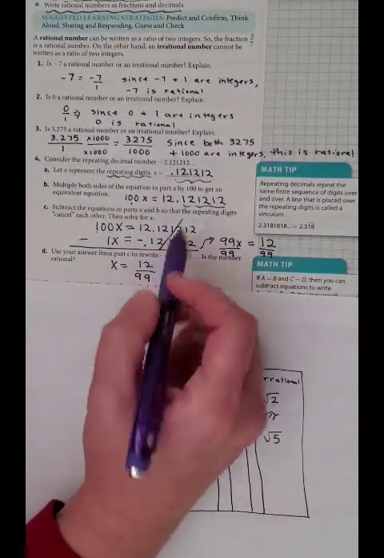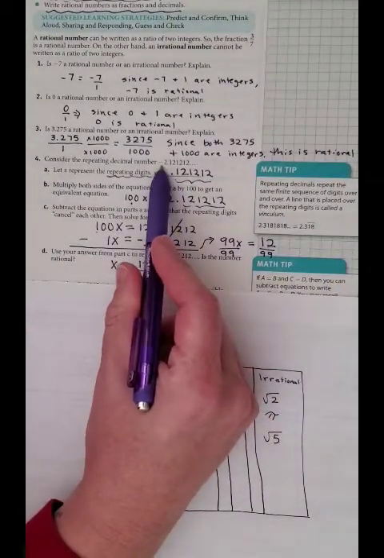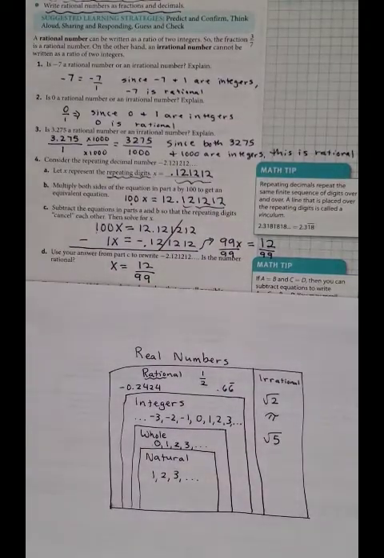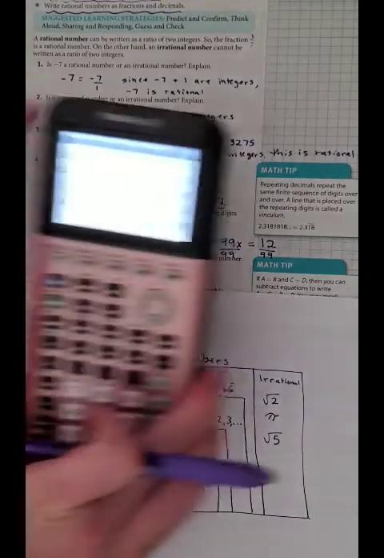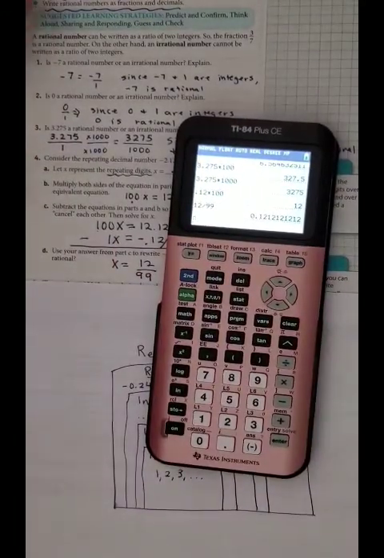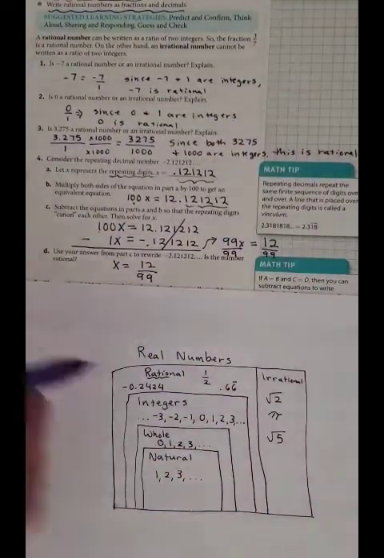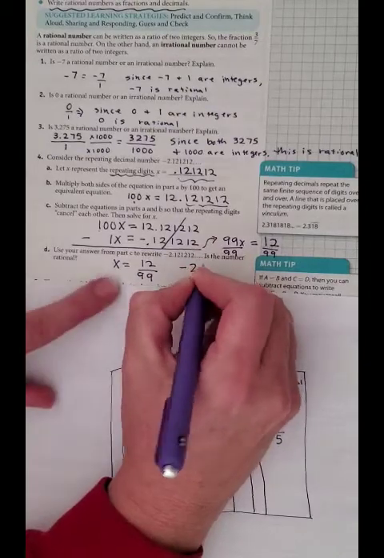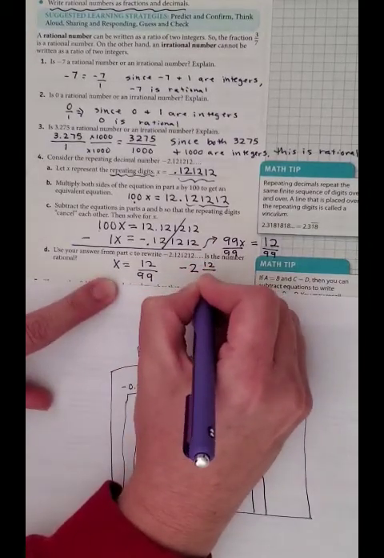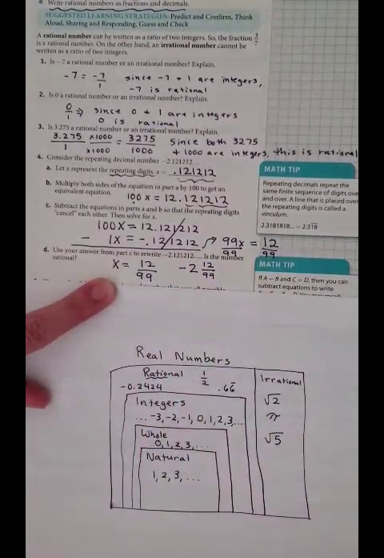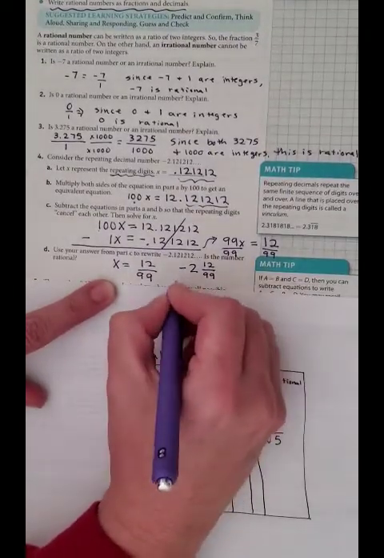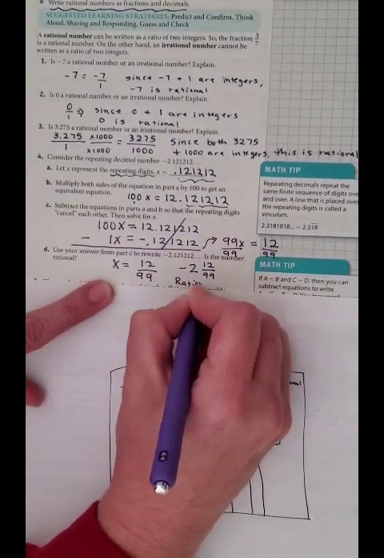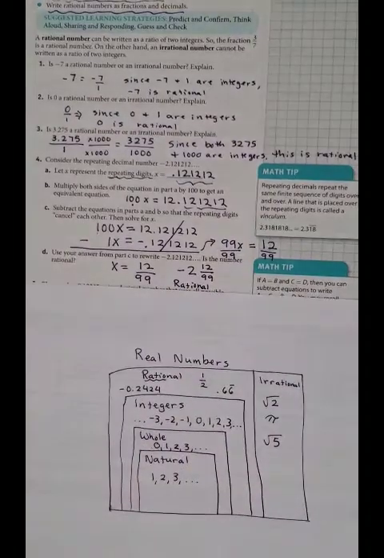And so my original number, which was negative 2.1212, so 12 divided by 99 is 0.121212. So my original number would be negative 2 and 12 over 99. And this is indeed a rational number because it can be written as a fraction.